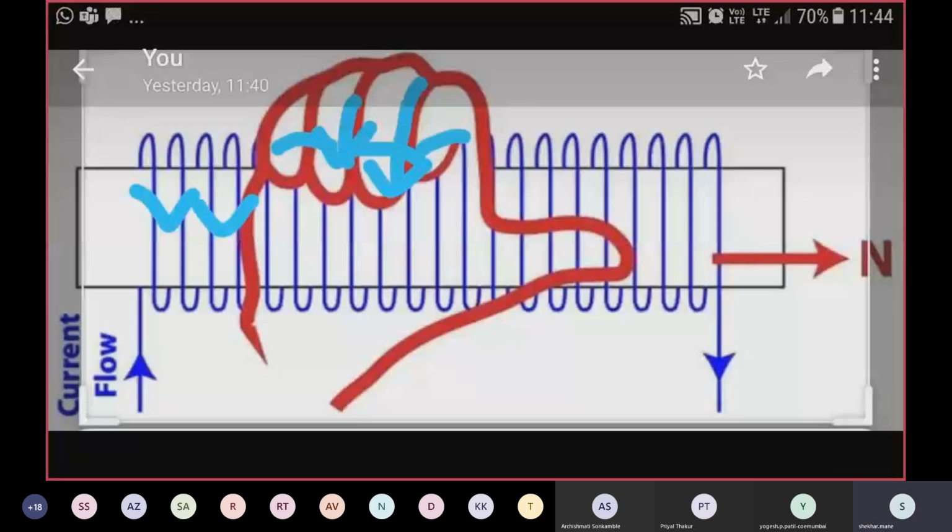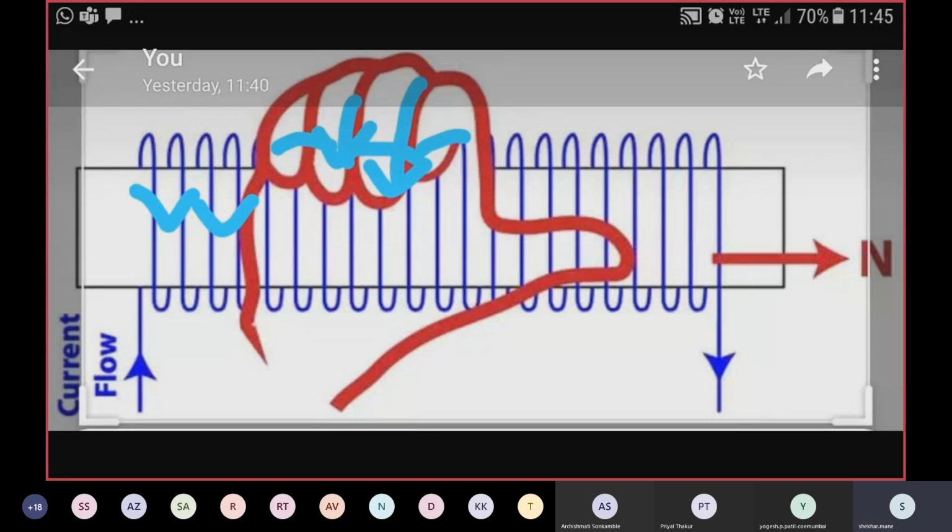Okay, in this diagram we are using the right hand thumb rule, and the direction of the current is downwards.